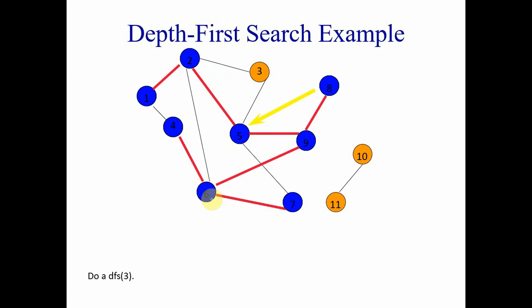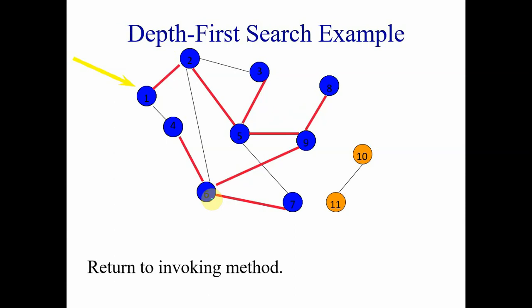That is 3. Therefore, it goes further to 3. With this, we come back to 5, and then return to 2, and then back to 1. So it returns the overall result.